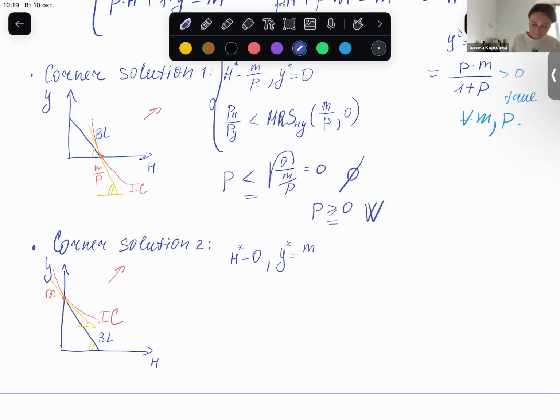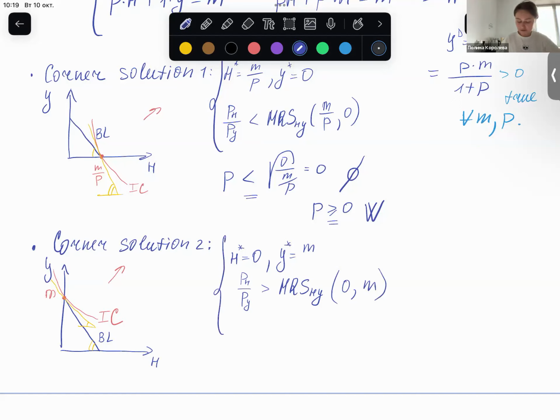Yes? So let's write it down. This will be the solution only if the slope of the budget line, the price ratio, is bigger than the marginal rate of substitution of H by Y at this actual point, when heating is equal to 0 and Y is equal to M.